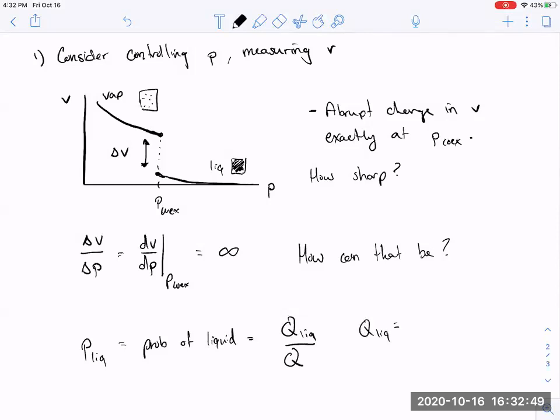That sum could be written as an integral. It's an integral over all the positions, where we only include those configurations where we are in that liquid state, and we're summing up those Boltzmann factors. We know that we only have to do this for the positional part because the momentum part is trivial.